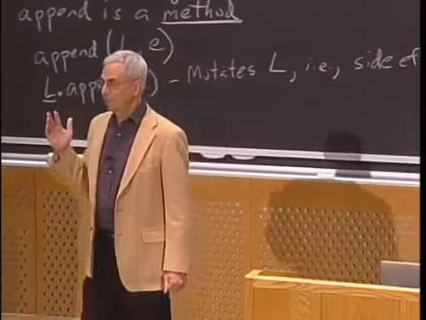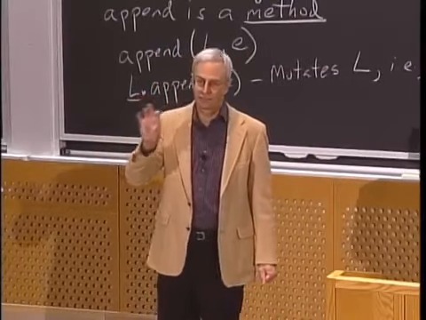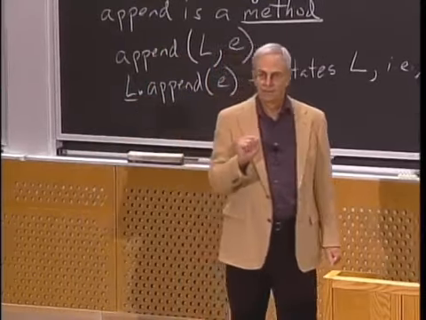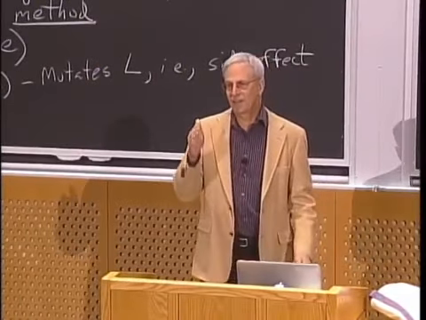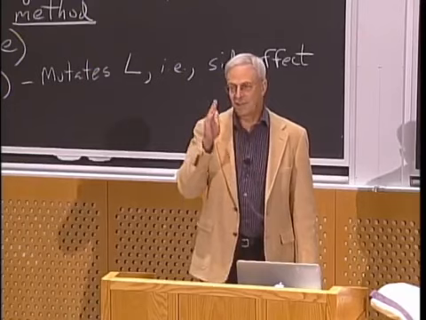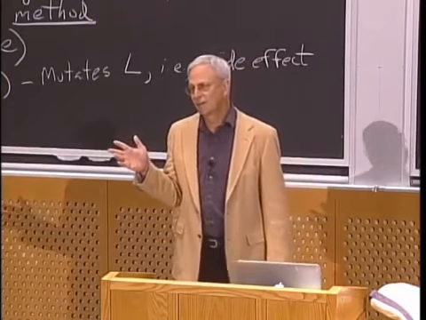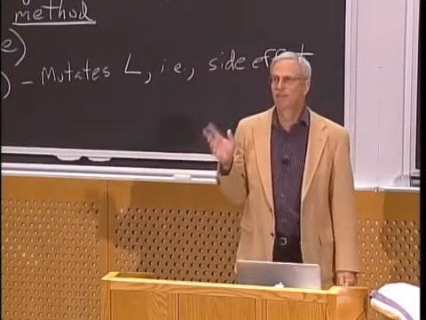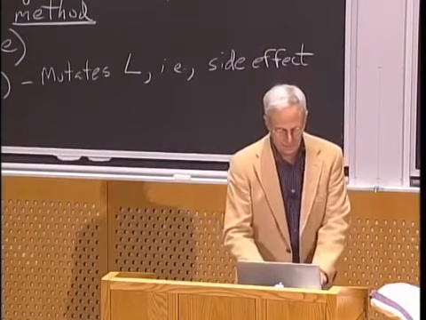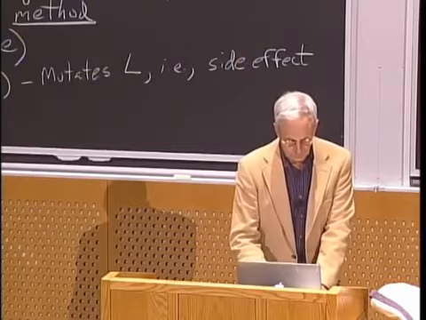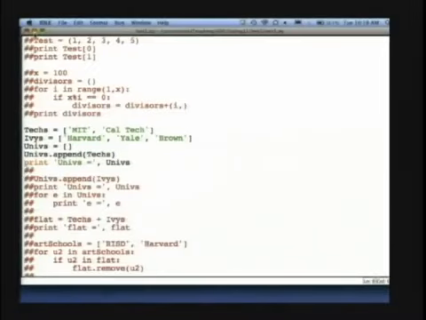Not the elements of the list, but the list itself. Okay? So it's important to notice the difference between a list that contained the elements MIT and Caltech and a list that contained a list which contains the elements MIT and Caltech. Okay? Yes?